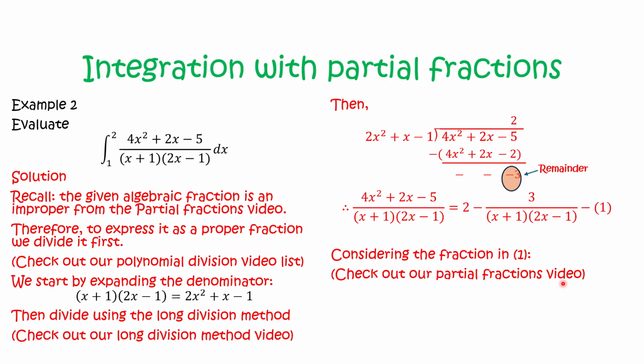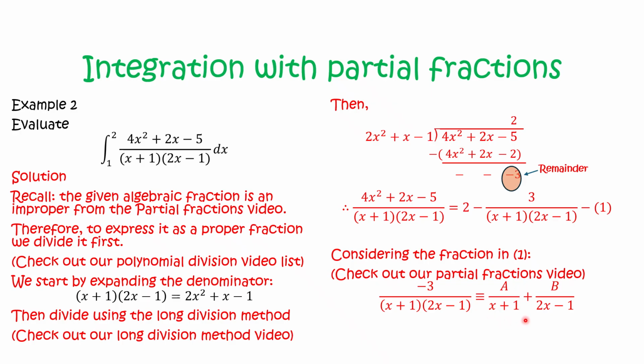And I encourage you to check out our partial fractions video to see how we go about some of these things, because in this video, we are not going to cover step by step each and everything we're doing here.